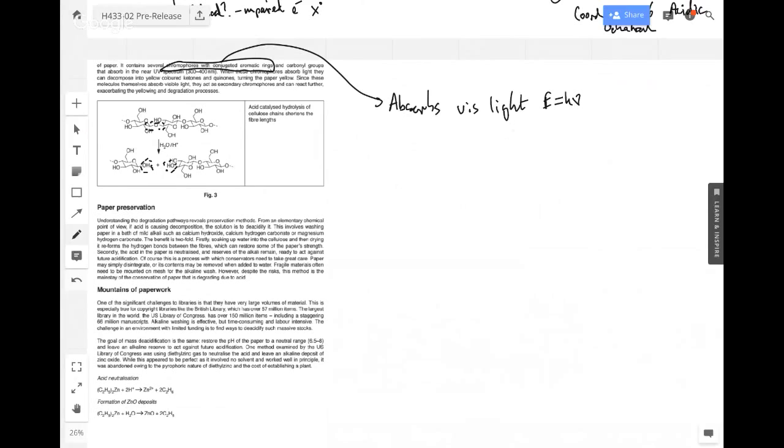If you're going to absorb visible light, it's fairly low frequency, and therefore the energy gap is small. What we're doing is moving the electron from one energy level to another energy level, like that.